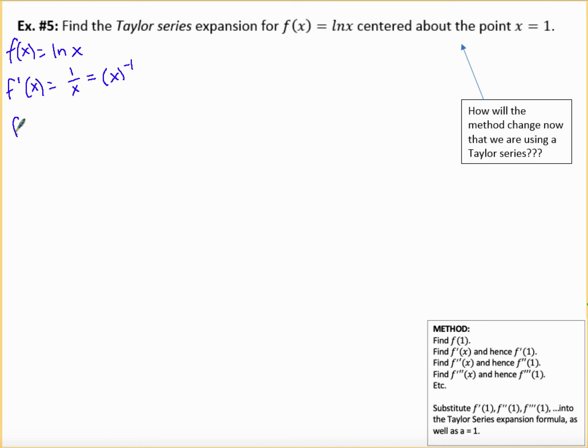Okay, double prime, second derivative, multiply by negative 1 out to the front, and then I've got x to the negative 2. And we're going to keep going. Third derivative, multiply by negative 2 in the front, I'm going to get 2 times 1 times x to the negative 3, and beyond.